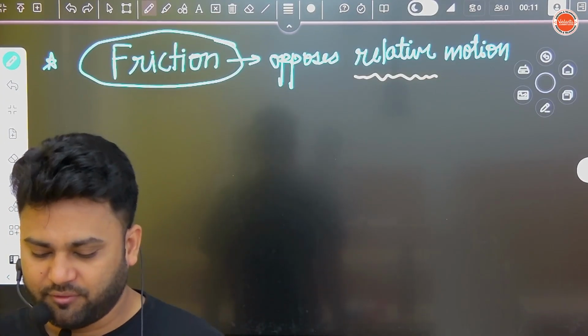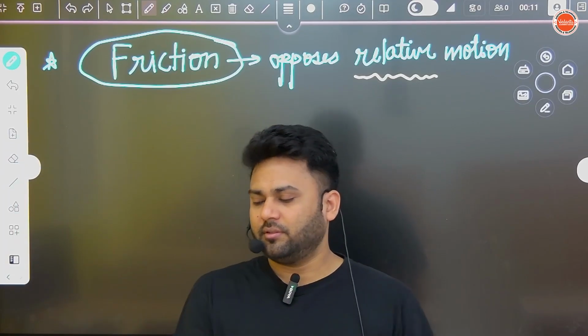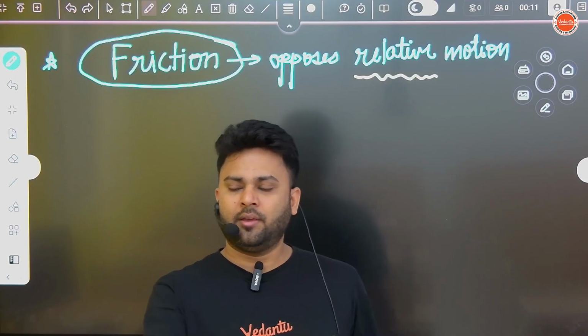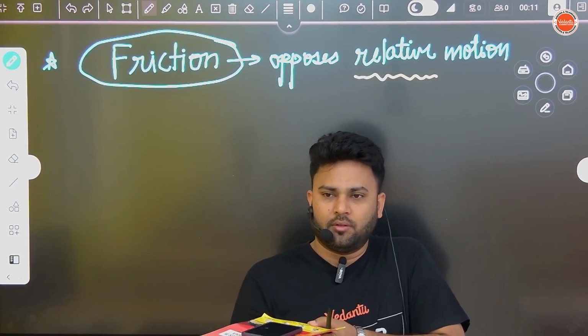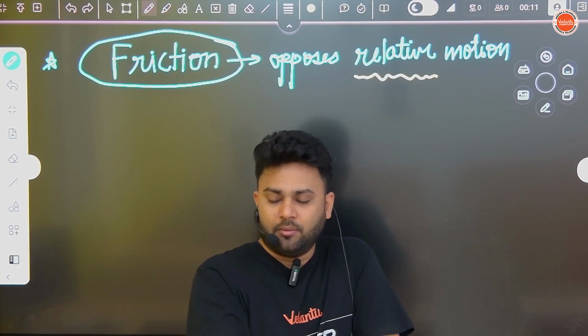Correct? One more example I want to give. Suppose this is the book, this is the mobile. If I am pulling this book like this, the mobile is also coming.